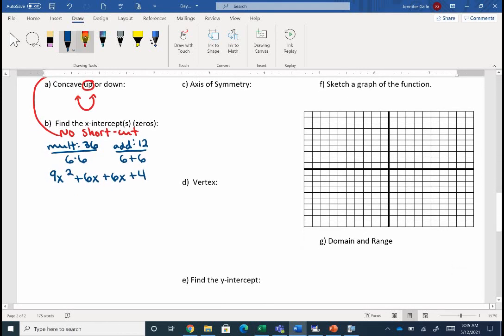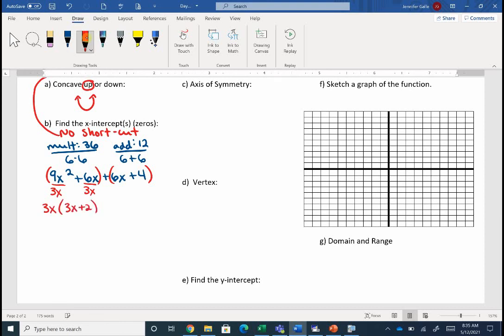So if we do parentheses, and I can show the boxes below in just a second, we can take out a 3x from the first one. We're left with 3x plus 2. And I can take a 2 out of the second one, and we're left with 3x plus 2.